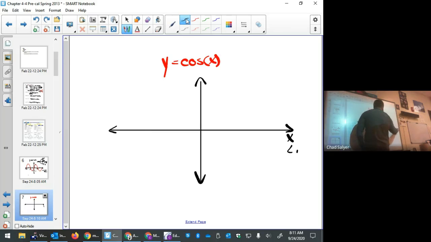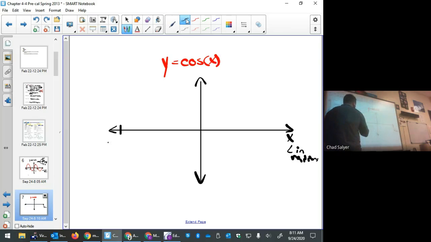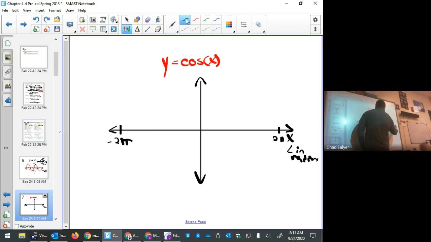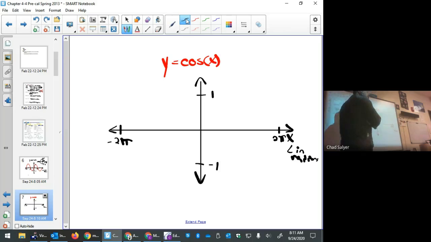So this is the angle in radians, and y is cosine of x. We'll go from -2 pi to 2 pi, and from +1 to -1 is fine for the range. We want to subdivide this logically. So we're going up by pi over 2 each time.